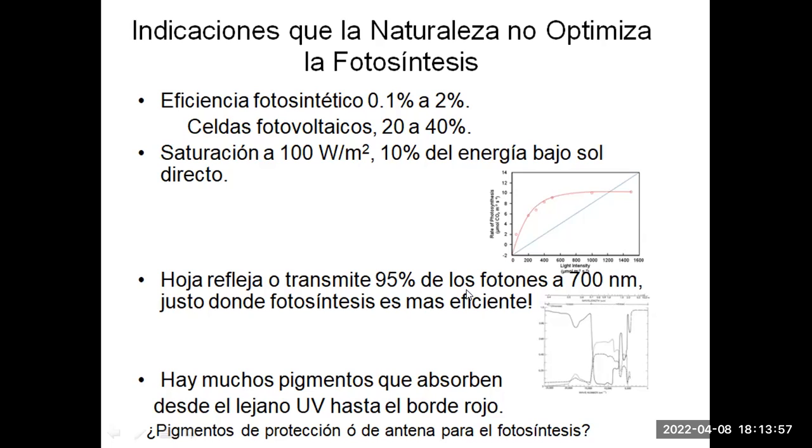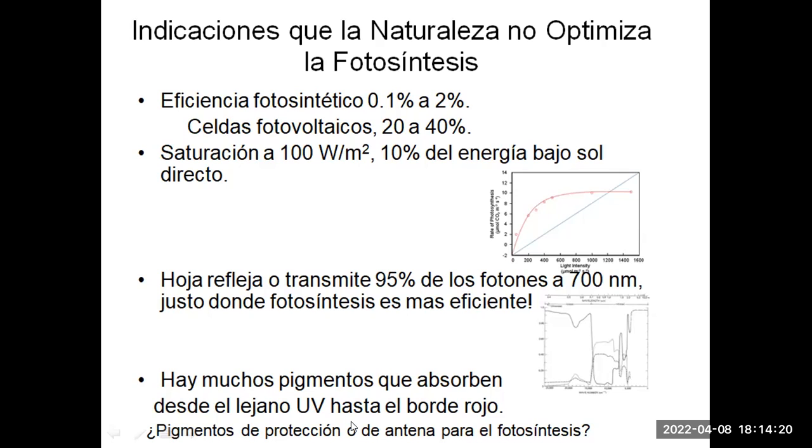And we also know that there are many pigments which absorb in the far UV. And the question is, what are these pigments doing? Are they protecting? Or are they acting as antenna for photosynthesis?